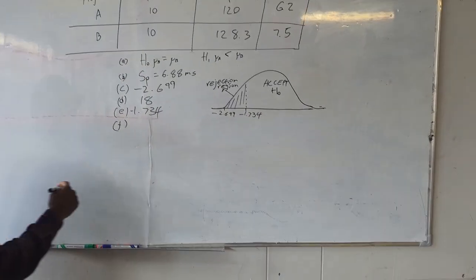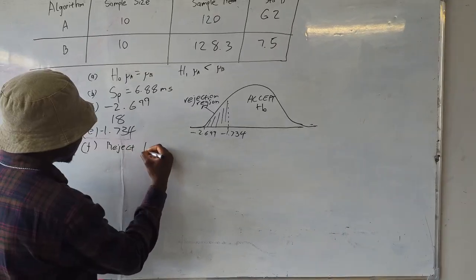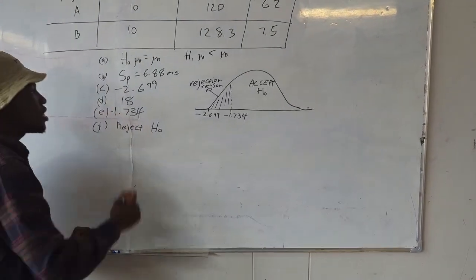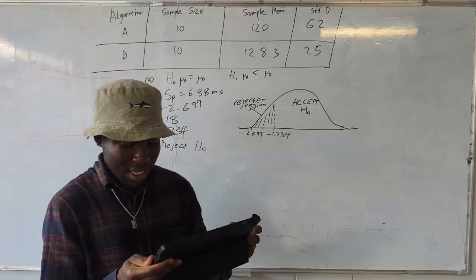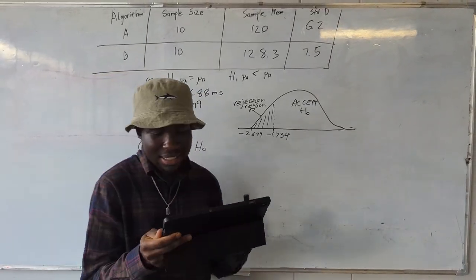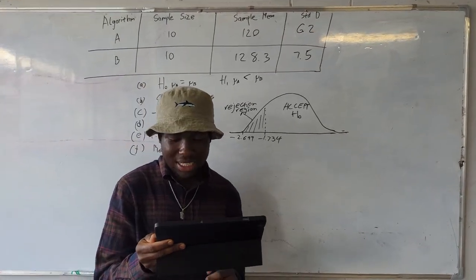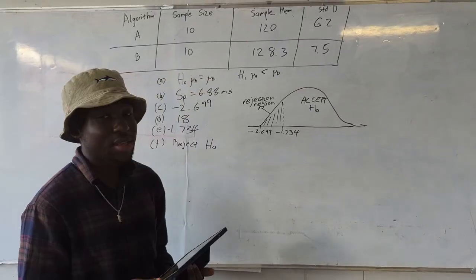So we reject H naught. There is statistically significant evidence at the 5% level to conclude that algorithm A has a lower average execution time than algorithm B.